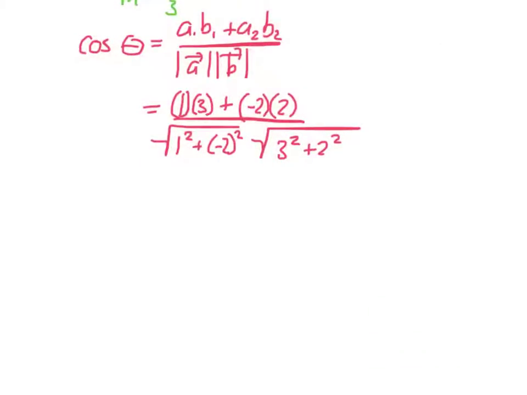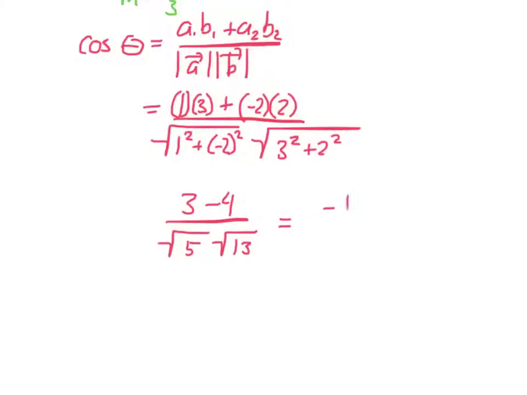We do a little simplification here, and we have 3 minus 4 over the square root of 5 times the square root of 13.